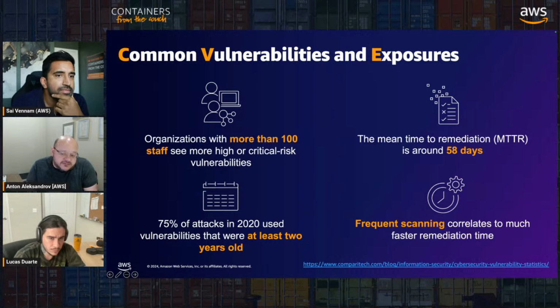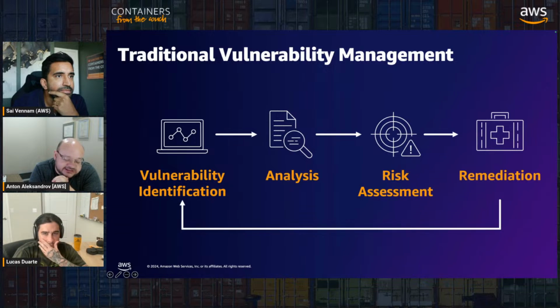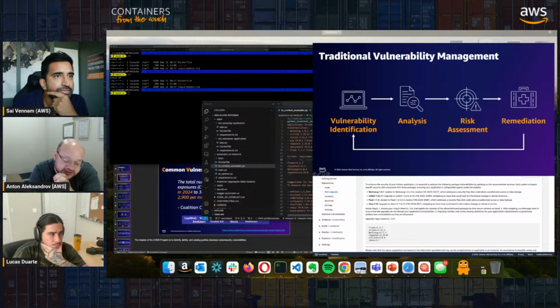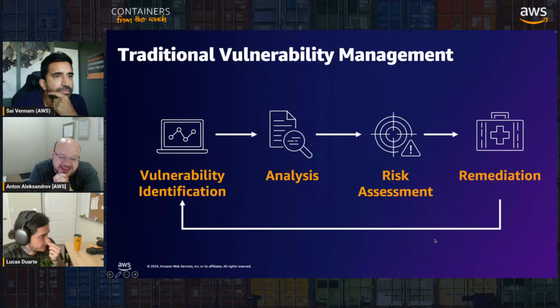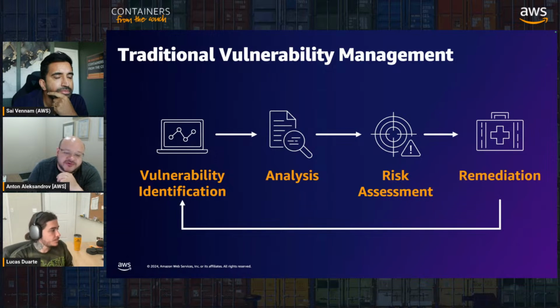Now, the problem with this, Lucas, if you want to click to the next slide, is we already touched on that briefly. The process is quite manual today. There are tools for identifying vulnerabilities, tools for analyzing vulnerabilities, tools for risk assessment.